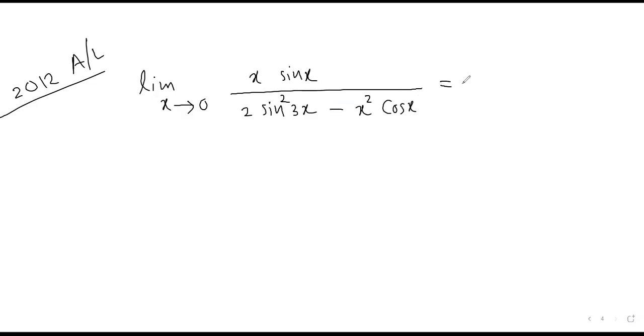You have to prove that it's 1 over 17. Okay, try x sin x over 2 sin squared 3x minus x squared cos x. You have to prove that it's equal to 1 over 17. Okay, do it and tell me.